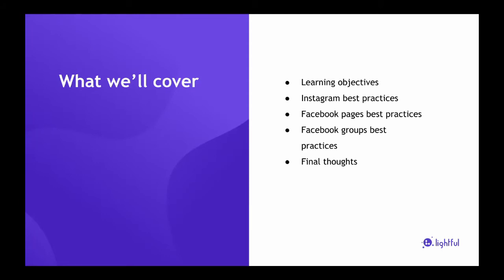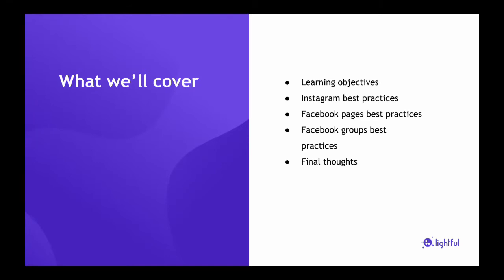We'll go over some hashtags and mentions, some advice on storytelling on Instagram, and then some final reminder tips and tricks that we should all be applying when it comes to engaging our audiences on Instagram. And then I'll basically just do the same thing for Facebook pages and Facebook groups as well, before going over some final thoughts and some key takeaways for you today.